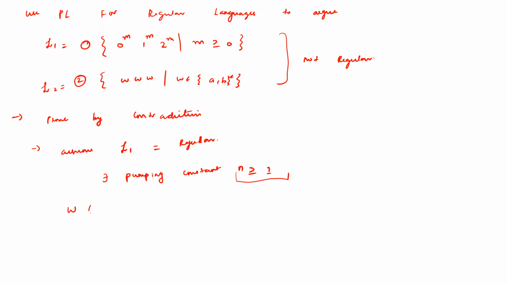There exists a pumping constant, and if you take a string that belongs to L1, you can partition w into three parts x, y, z, and you can pump the middle part k times, arbitrarily, where k is greater than or equal to 0.